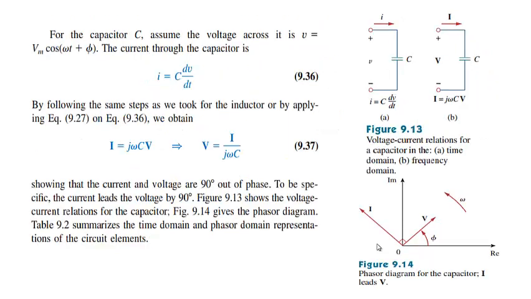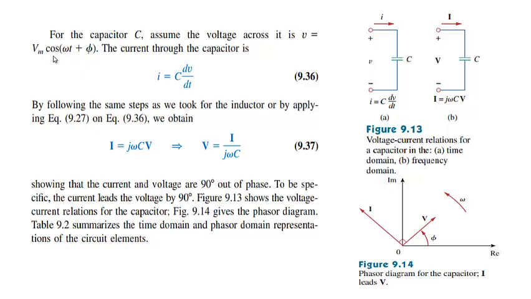So coming to the capacitor, let us now assume a voltage V = V_m cos(ωt + φ) as the voltage appearing across the capacitor. I have here assumed voltage. In previous cases I assumed current.